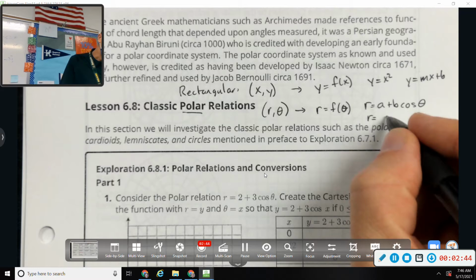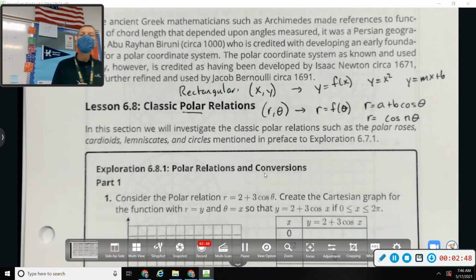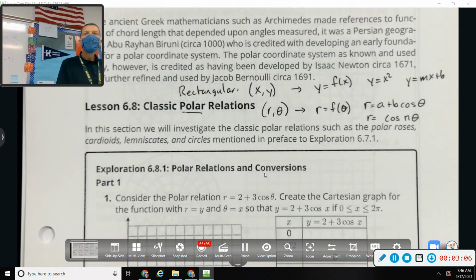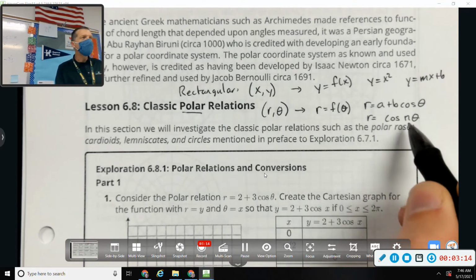Or maybe there's an in there. What does that do? Well, we don't know yet, but that's what we're going to learn. So just like there's a set of parent functions in rectangular that you're pretty familiar with, and you have an idea what their shapes look like without having to graph them point by point, we're going to get to the point, at least with notes available to you, where you could look at those equations and think, oh, I know roughly what that's going to look like.